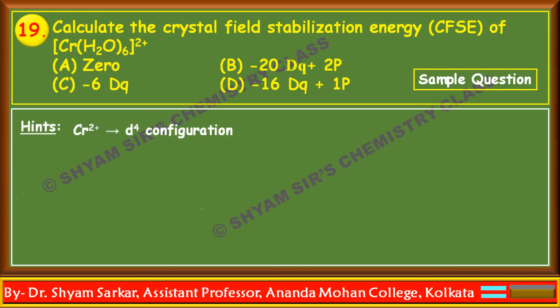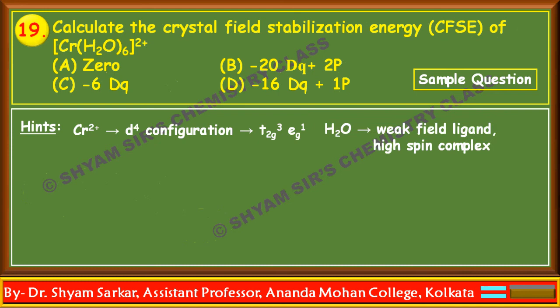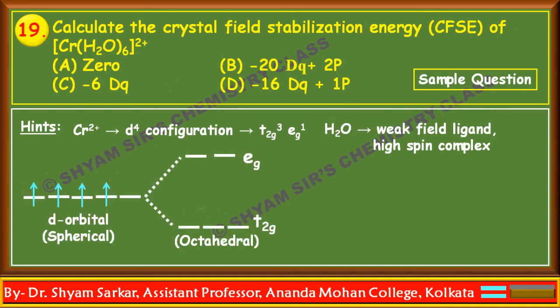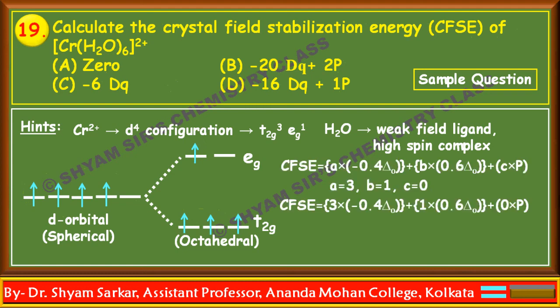So t2g3 eg1, that means CFSE is 3 into minus 0.4 delta O plus 1 into 0.6 delta O plus 0P, because no pairing occurred here. So CFSE becomes minus 0.6 delta O. If you convert to the Dq scale, 1 delta O equals 10 Dq. So minus 0.6 delta O equals minus 6 Dq. So minus 6 Dq means option C is the correct answer here.